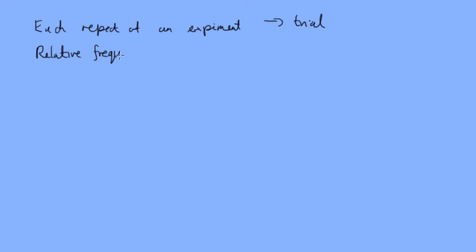If we repeat an experiment, that's called a trial. So every time you repeat an experiment, that's a trial of that experiment. And the proportion of trials in which an event occurs is called the relative frequency.